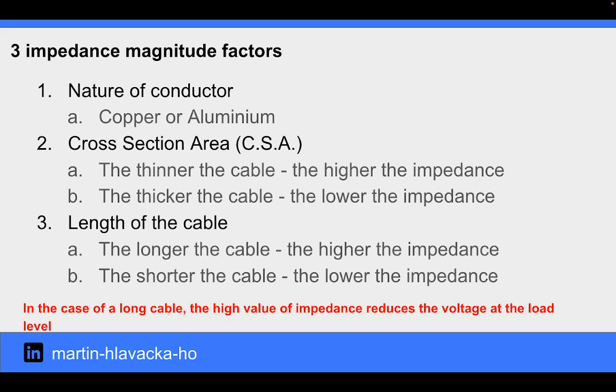The thinner the cable, the higher the impedance. The thicker the cable, the lower the impedance. And the third factor is cable length. The longer the cable, the higher the impedance. The shorter the cable, the lower the impedance. Let's move on to the next slide.